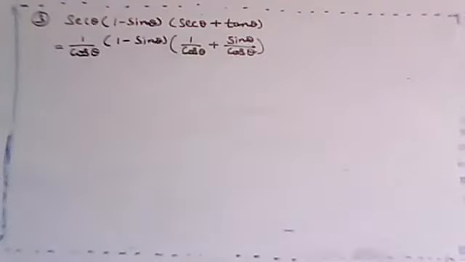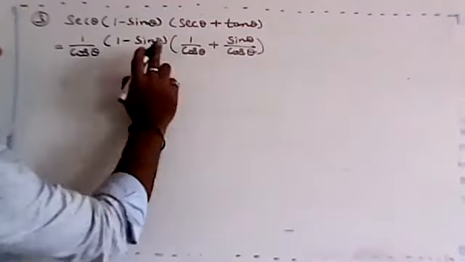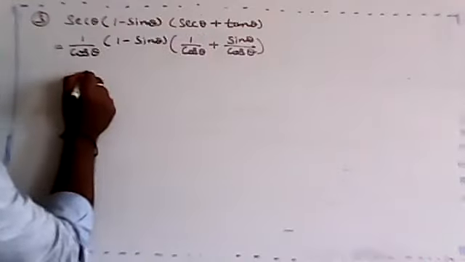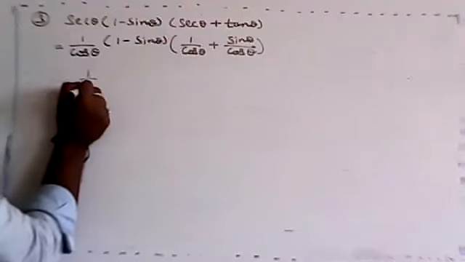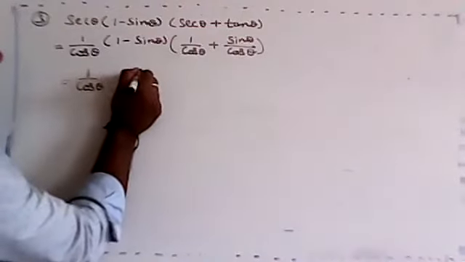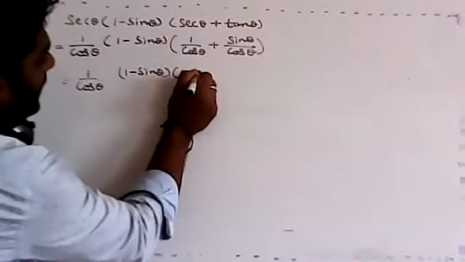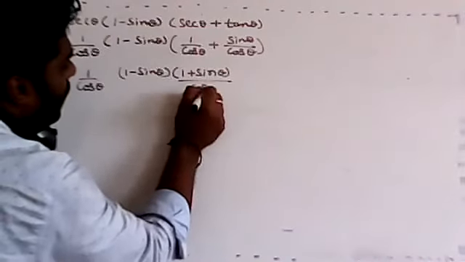We'll check. So now, LCM is cos only, no? This is in the form of A minus B into A plus B then. So see, I'm writing 1 by cos of theta into 1 minus sin theta; when you take the LCM, remaining is 1 plus sin theta divided by cos of theta.